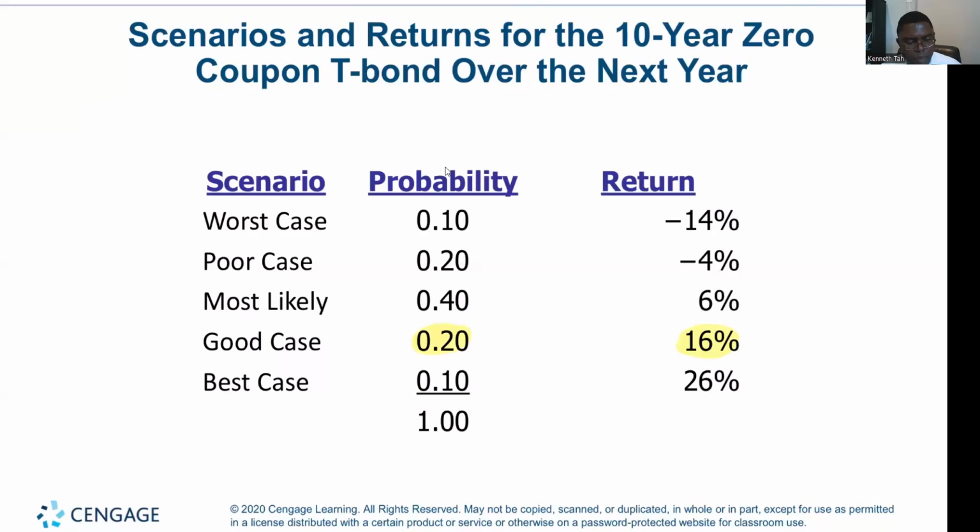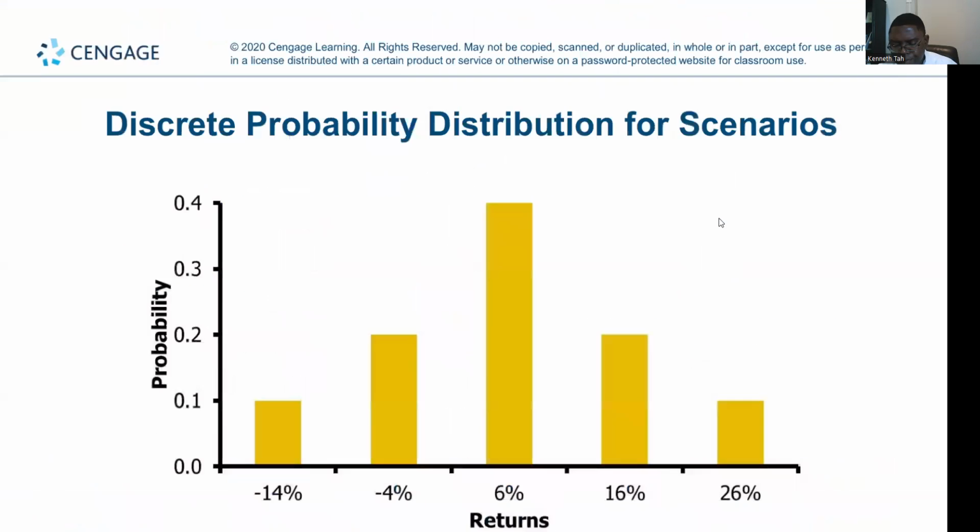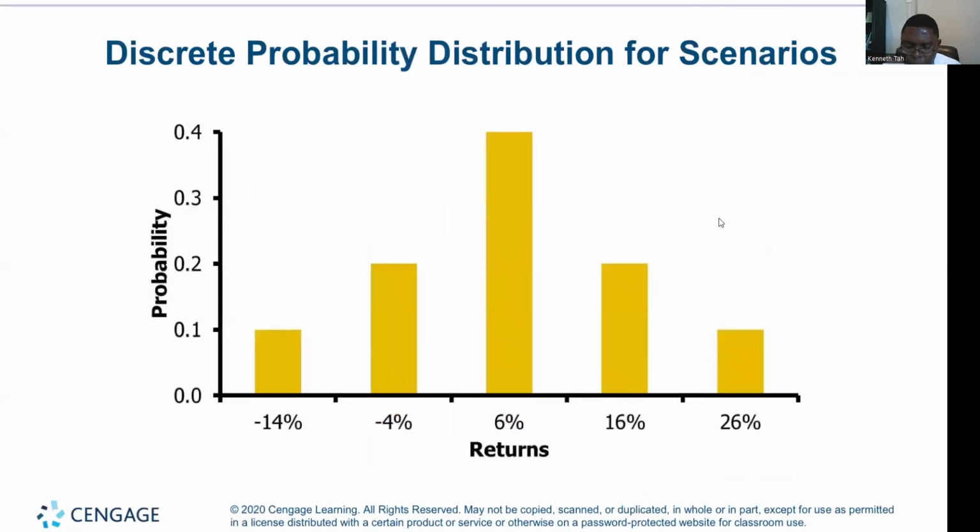From this scenario, we can plot what we call a discrete probability distribution, where we have on the y-axis the different probabilities, and on the x-axis the different returns. If we look at this probability of 10%, attached to it is -14%. Again, on the y-axis we have probabilities, on the x-axis we have return.